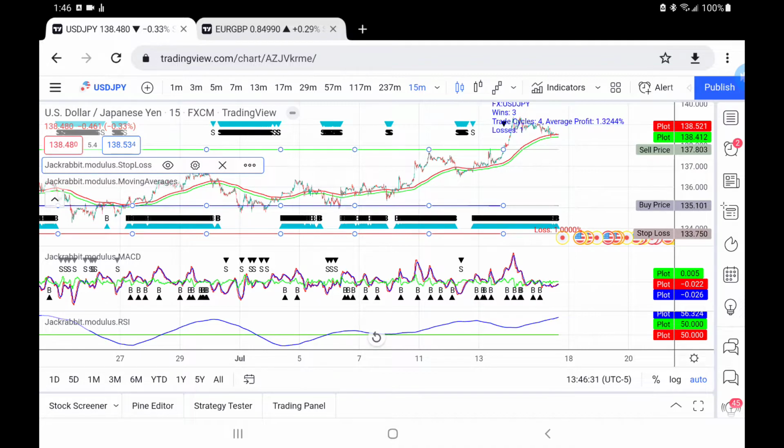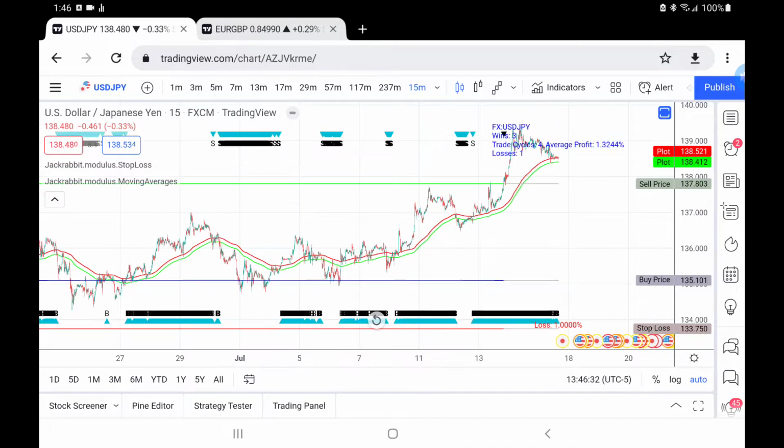Now this is a stop loss based approach, which means it's lump sum trading. One position, either take a profit or take a loss. So here we have the context of that whole process.